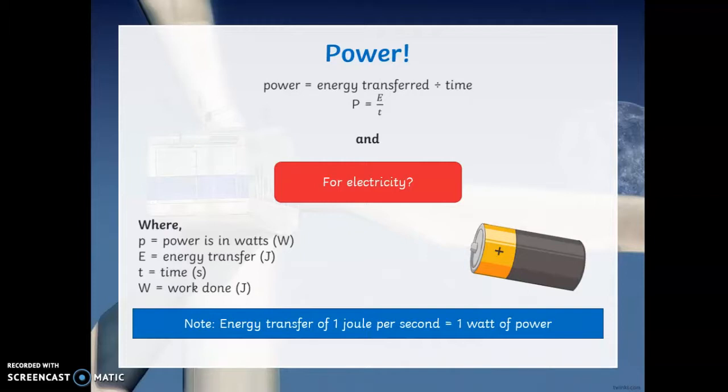But I just want to do a quick recap of this equation so that you're confident putting this into practice, because often you'll need to use this equation first and then apply it for an electrical situation. Notice the units here. Power is in watts, capital W for your unit, but the actual letter that you use in your symbol equation is a capital P.